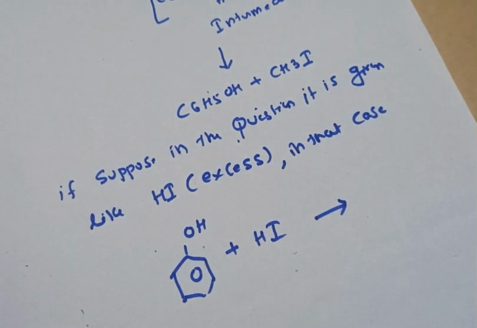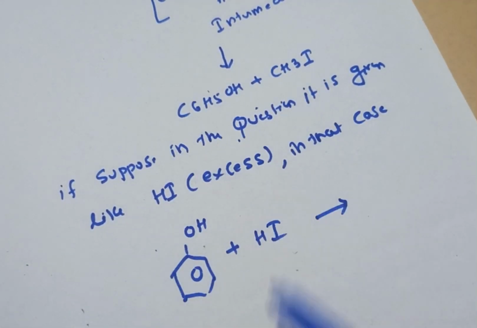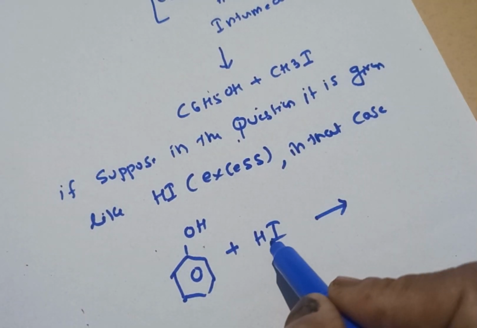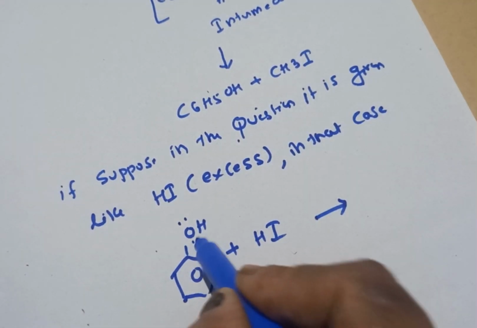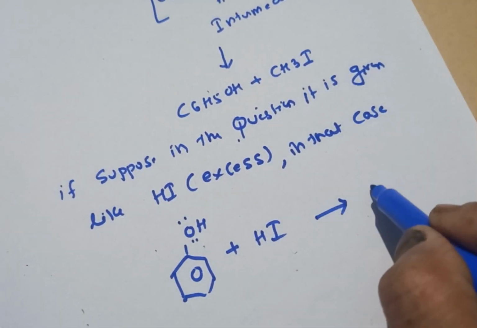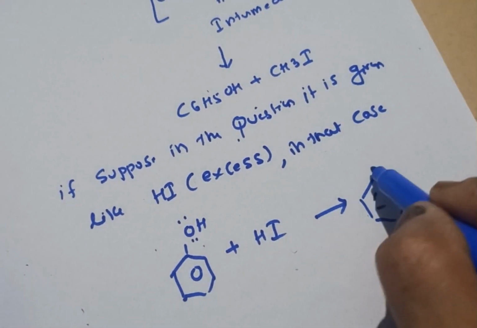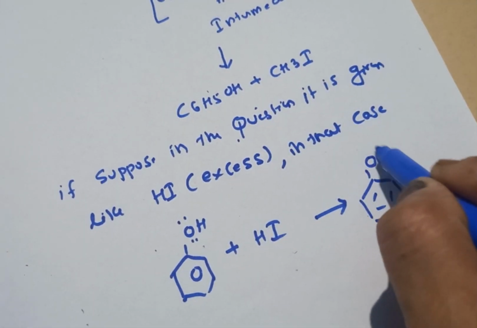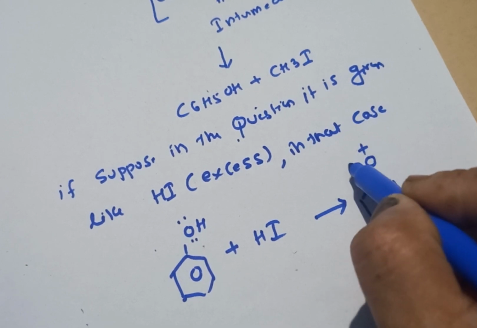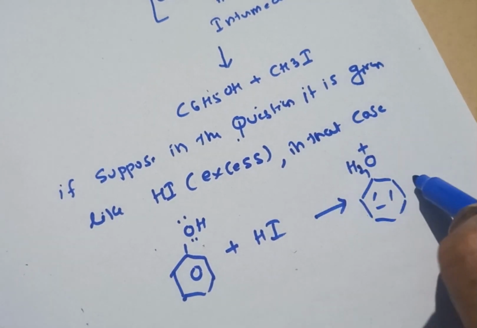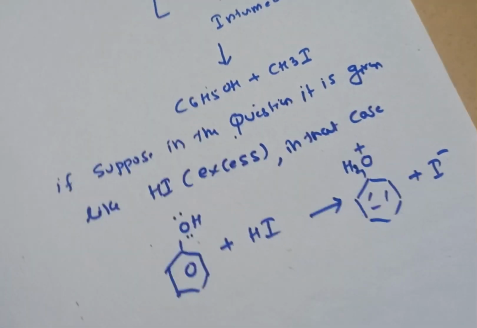After formation of this product, again this phenol reacts with HI, and the oxygen gets protonated by this hydrogen iodide to form I minus.